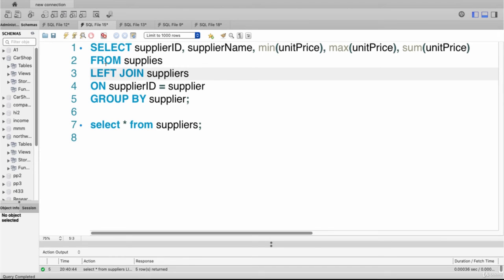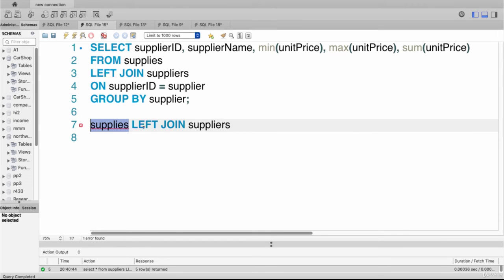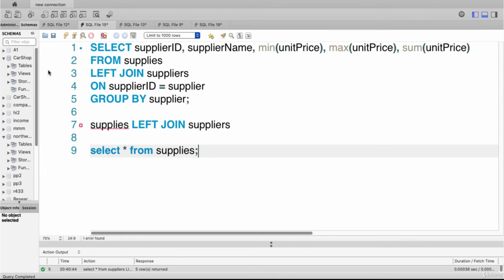Because in left join, if I copy this, for instance, I dropped it here. This is left of this join, and this is right of the join. So that means this one is the king, because it's on the left, and the king has all the information. You see, if I select this from the king, which is supplies, you will see that it has what?